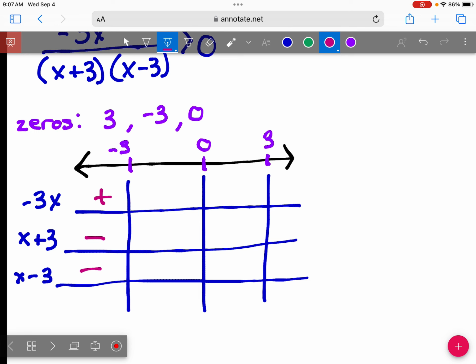So then we're going to think about between our negative 3 and our 0. Is this piece going to be positive or negative? Positive. Positive. Negative. And negative. All right, we see this? Okay. This one, negative, negative.